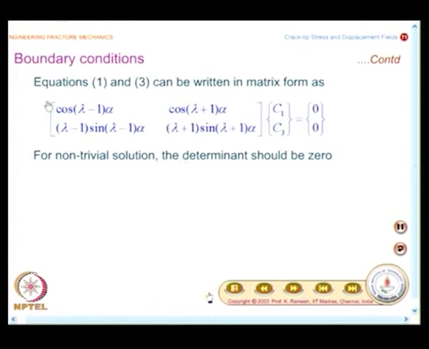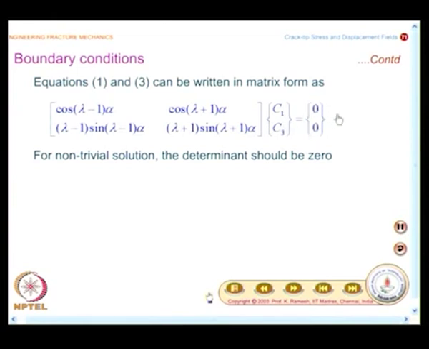It will not directly come from this; only after algebraic simplification can it be written in this fashion. So I have this as a matrix: cos((lambda minus 1) alpha), cos((lambda plus 1) alpha), (lambda minus 1) sin((lambda minus 1) alpha), (lambda plus 1) sin((lambda plus 1) alpha), times C1 and C3, and the right hand side is 0.